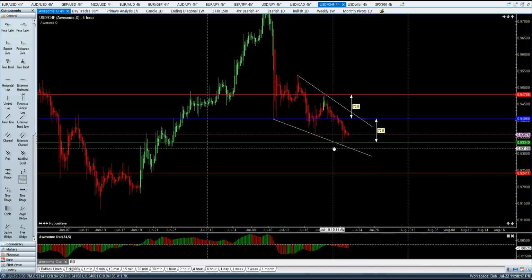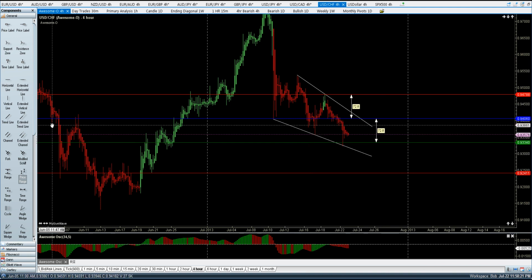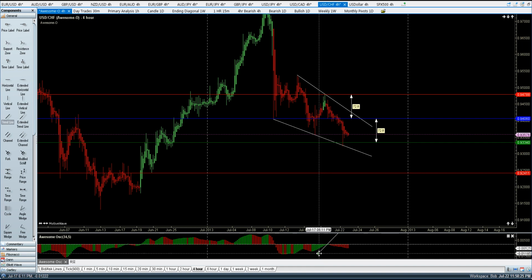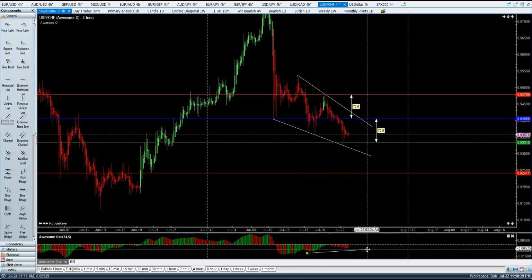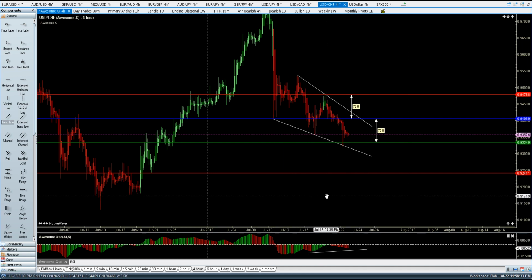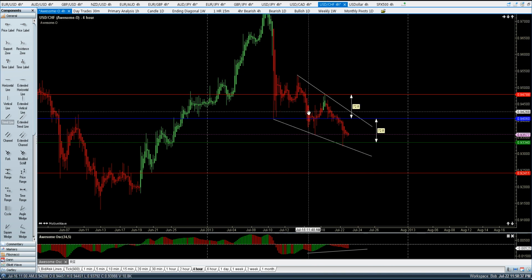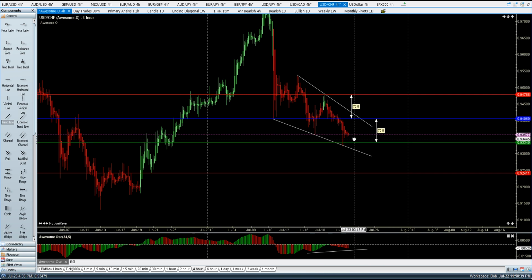We do have some type of wedge going on, basically the same thing as what's going on in the euro dollar. And obviously have the divergence going on here. Again, we probably have the same A, B, 1, 2, 3, looking for 4 back up, 5 down.